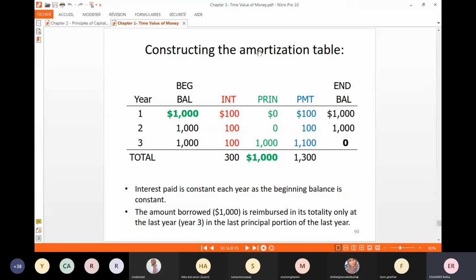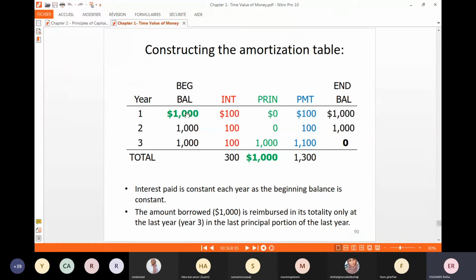As I said, from 1 until n minus 1, until 3 minus 1, until 2, the principal portion must be 0. To get 1000 minus 0, 1000. This is the balance at the beginning of the second year. 1000 minus 0, 1000. This is the balance at the beginning of the third year, to get the same interest here.